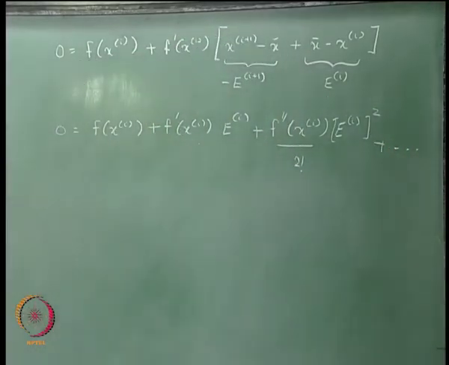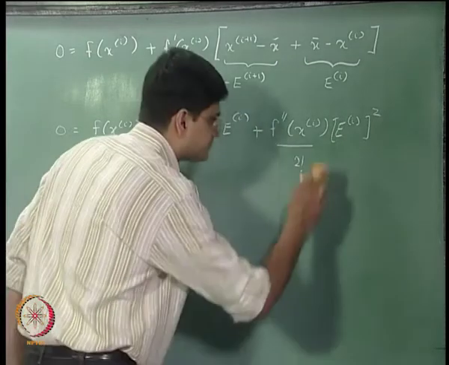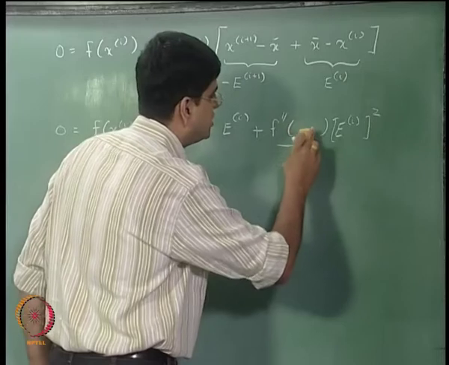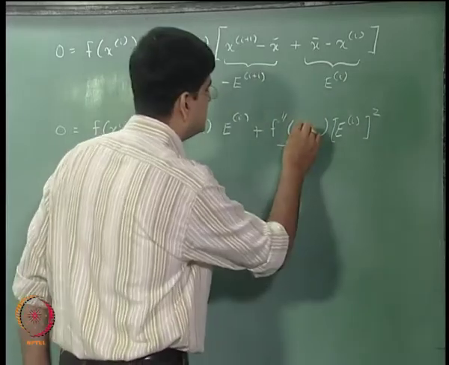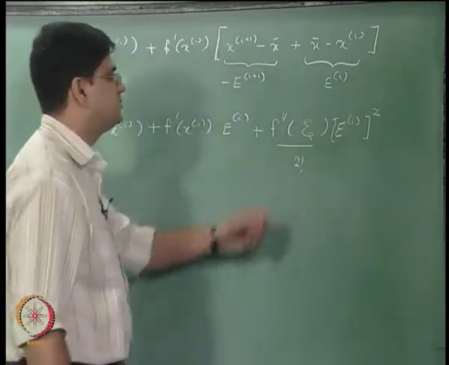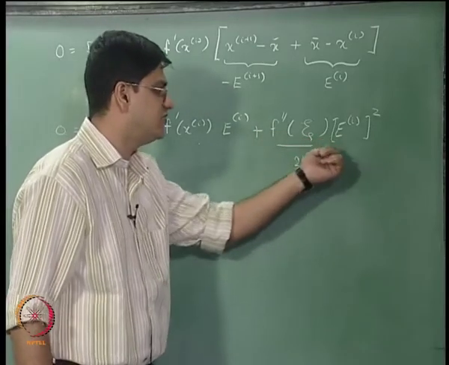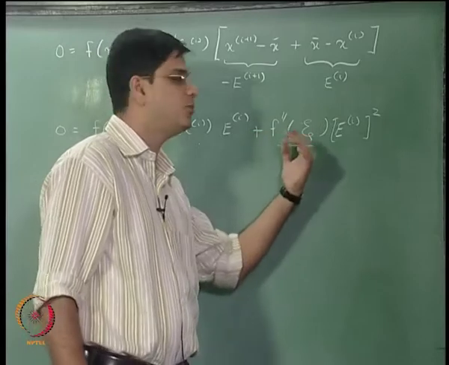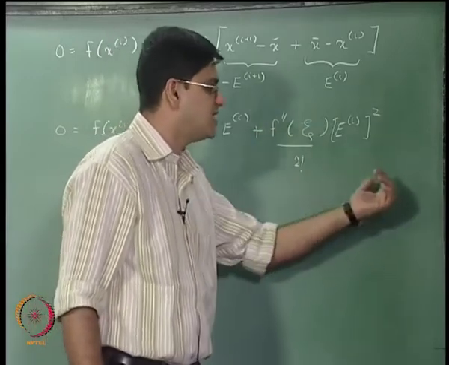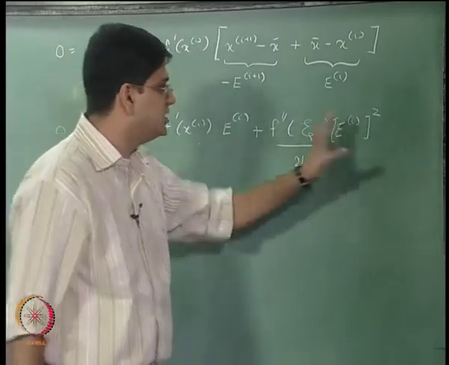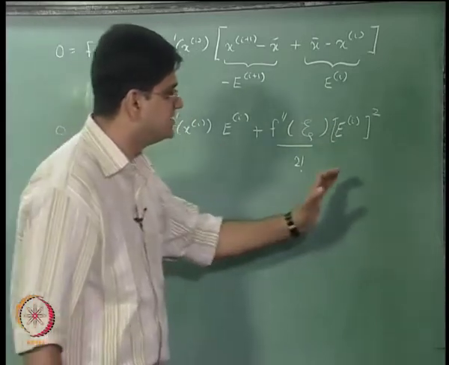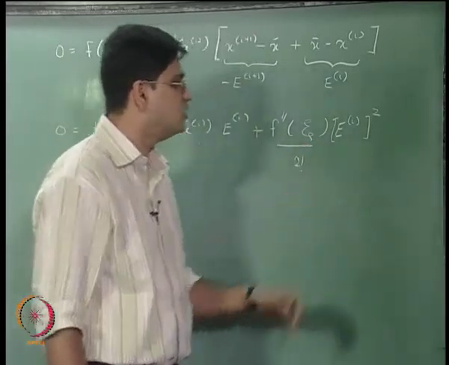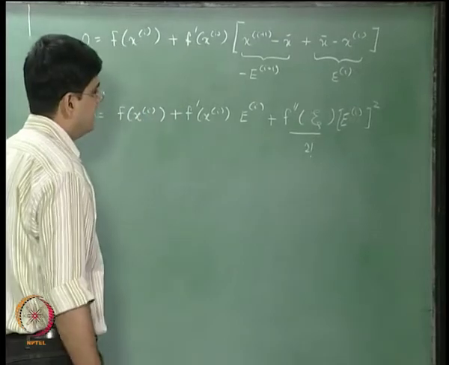At this stage what we will do in the Taylor series expansion is use the mean value theorem in order to replace this particular expression with f double dash of zeta. We can always find a point zeta which lies between xi and xi plus 1 such that this particular expression is exactly satisfied without having to include any of the terms in the infinite series.